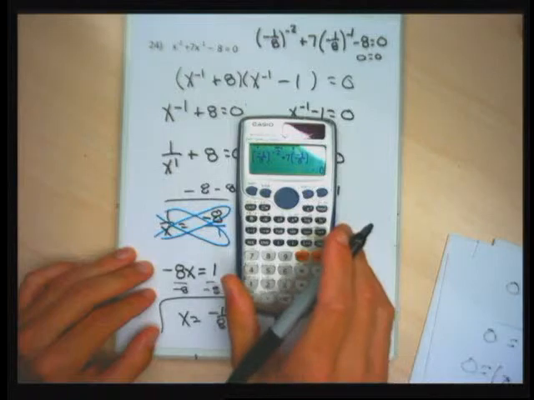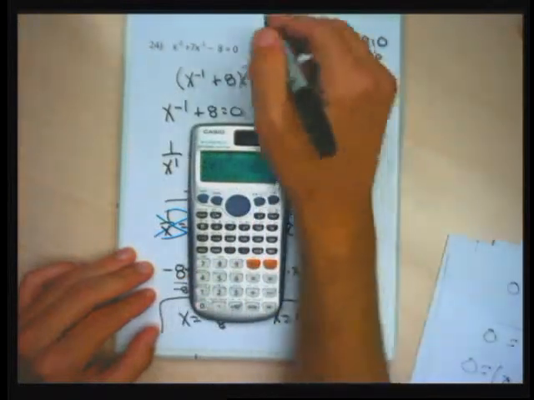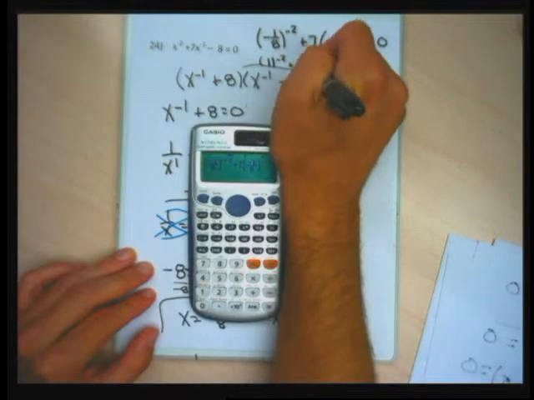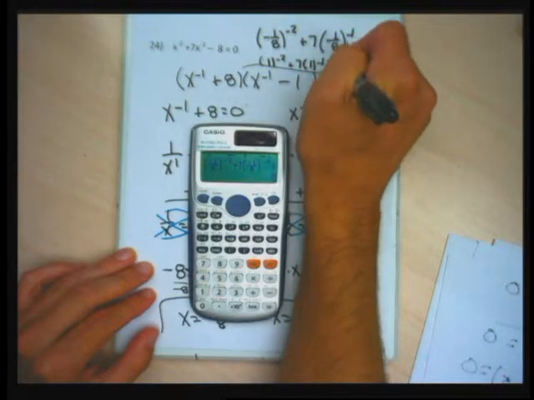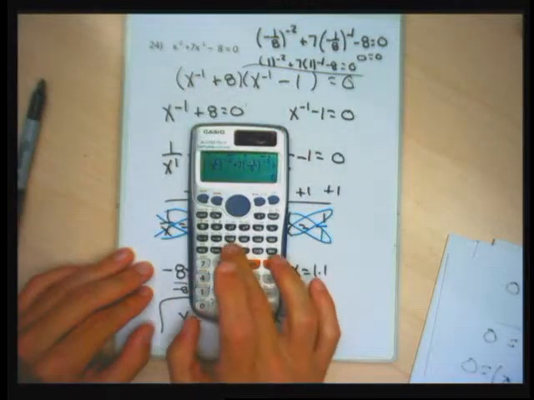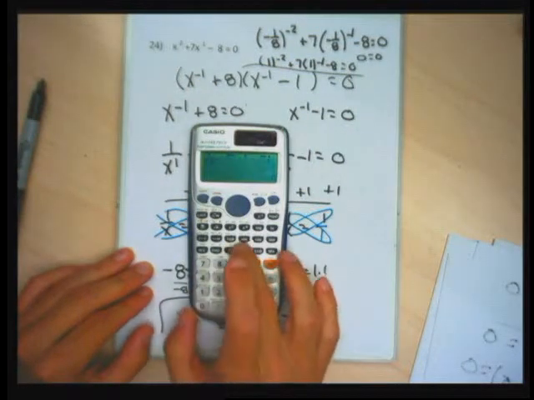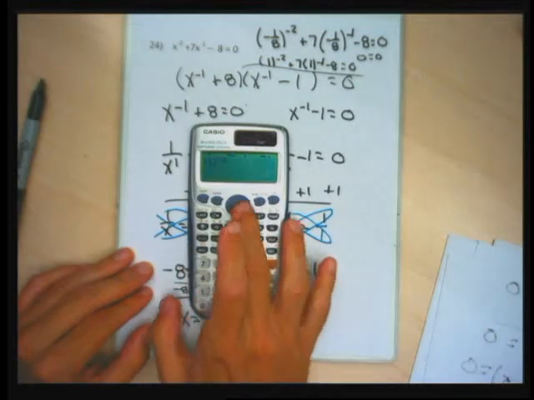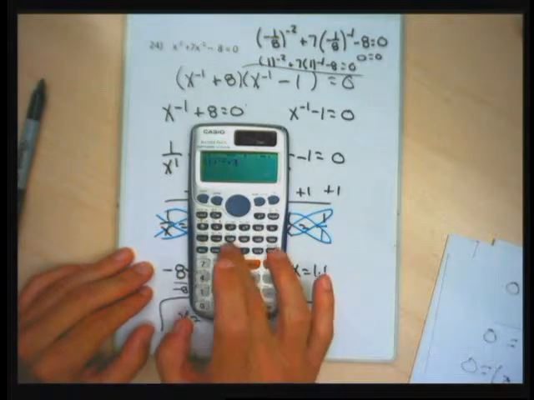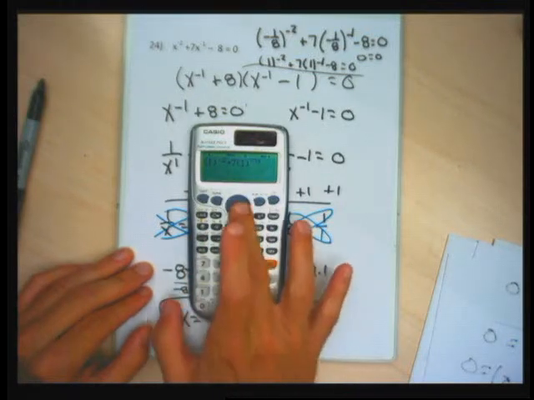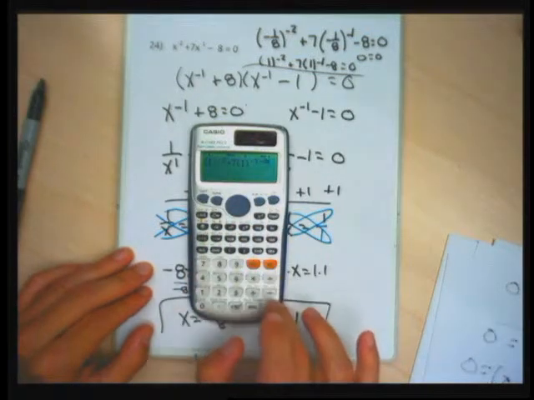Now I'm going to check the 1 by seeing if 1 to the negative 2 plus 7 times 1 to the negative 1 minus 8 is 0. Because I don't want to write answers down that I don't check when it's not that hard to check. So 1 to the negative 2 plus 7 times 1 to the negative 1 minus 8.